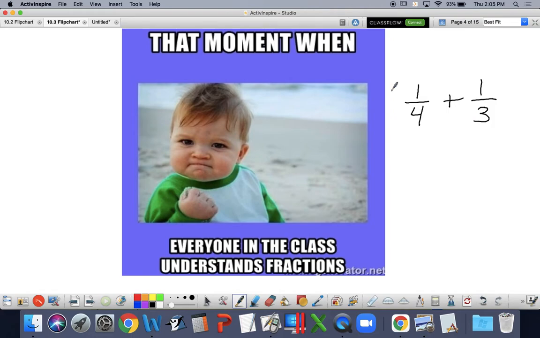When we do that, the mathematical approach is that we multiply this fraction by the number 1 and this fraction by the number 1 in a way that gives us that common denominator. Once I've written equivalent fractions, how do I add fractions?